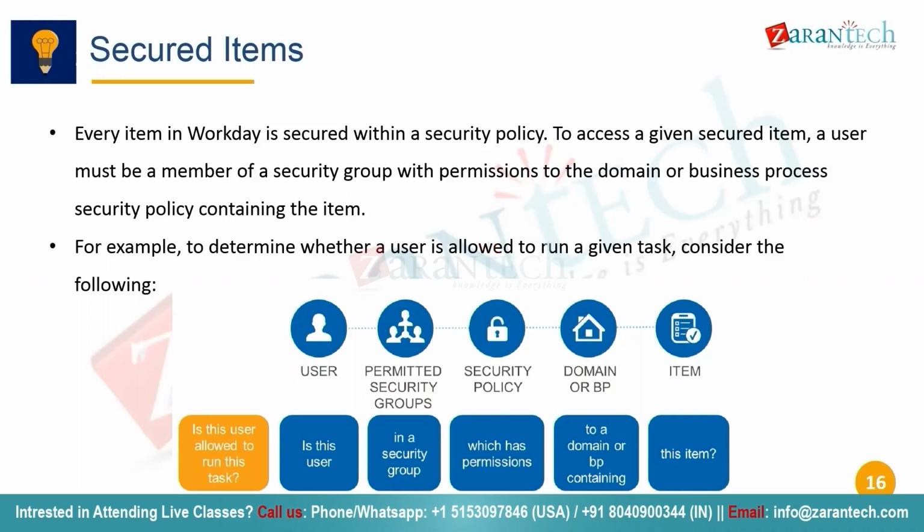The gym has different treadmills, machines, swimming pools, spa center, whatever. Those are different secured items. Okay, different floors are there: first floor, second floor, third floor, fourth floor. First floor has the normal gym, second floor has something, third is something, fourth is something.